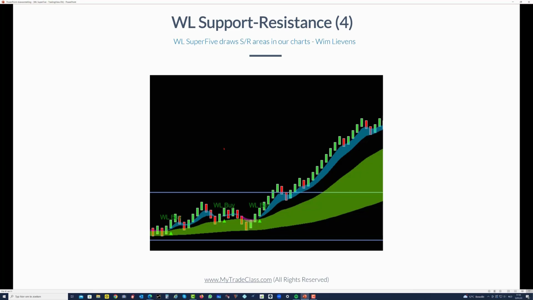We need a little bit more convincing. We need a little bit more quality before we get in. And again, it's parameters in a certain way. When you have color changes of the WL momentum cloud in relation to the trend, which has to be in a certain way, then you get an alert. Then you say, all right, for us now, we think the support signal is confirmed, and then we get in.